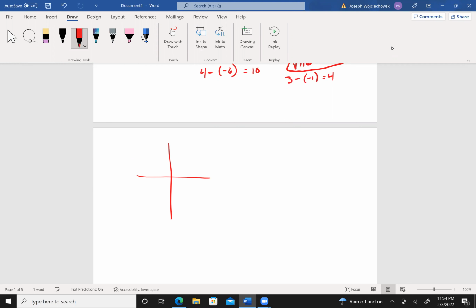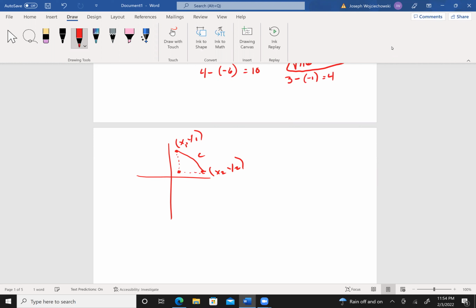We have a point (x1, y1) and a point (x2, y2), and I want to know the distance. Again, we're going to call that c. I can drop this vertical line here and a horizontal line there.